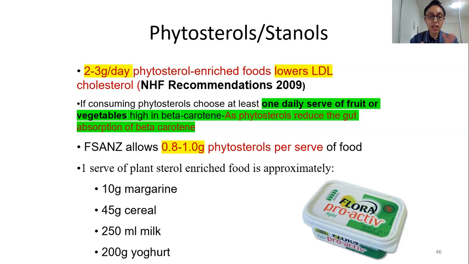Okay, why? Because have that fruit in between your breakfast and your lunch, your brunch sort of a thing. Okay, because that will help you aid the absorption of beta carotene from your apple rather than lose it to phytosterol. Okay, because that's the only thing, phytosterol reduces the gut absorption of beta carotene, so we have to be mindful of that.